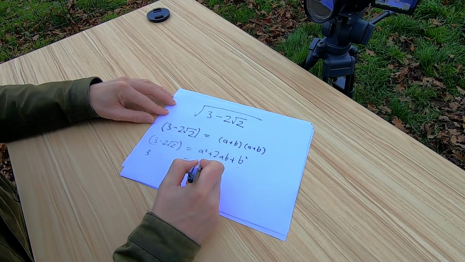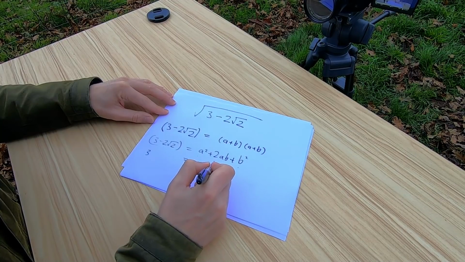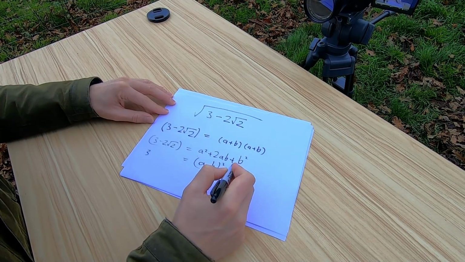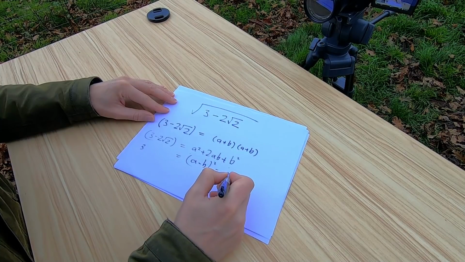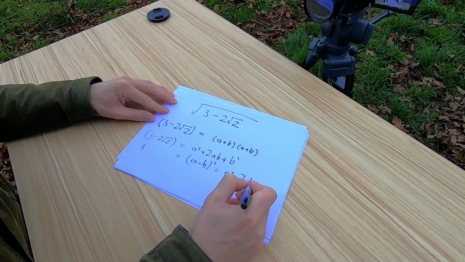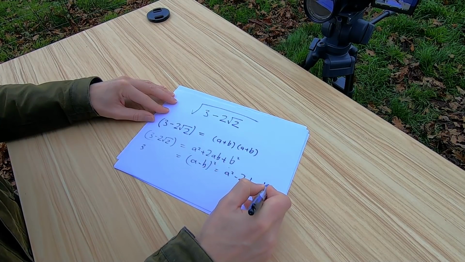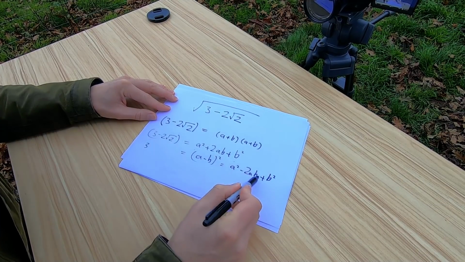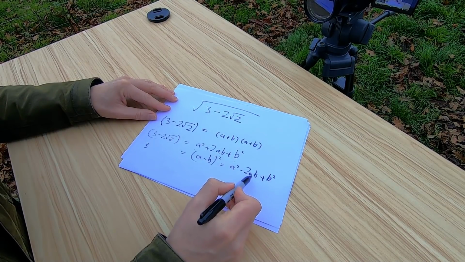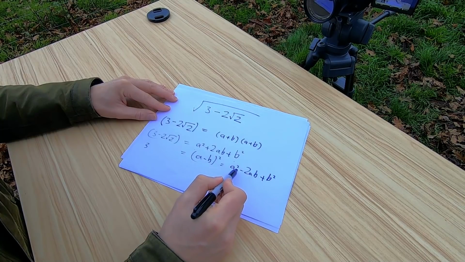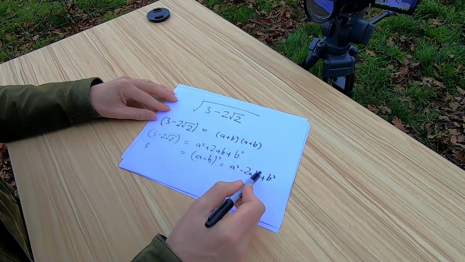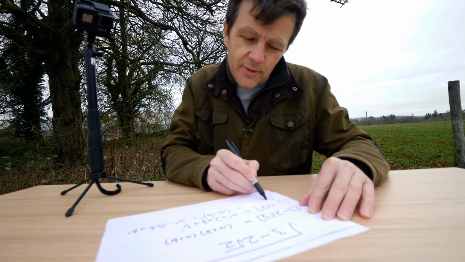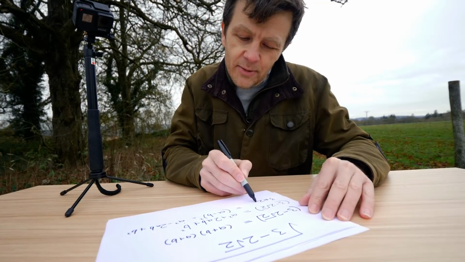So we know it's going to be a minus b squared, because that's going to give us a squared minus 2ab plus b squared. And if we know we've got a root 2 in here somewhere, and we know that root 2 squared is 2, and 2 plus 1 is 3, we can think, okay, that equals 2 plus 1.